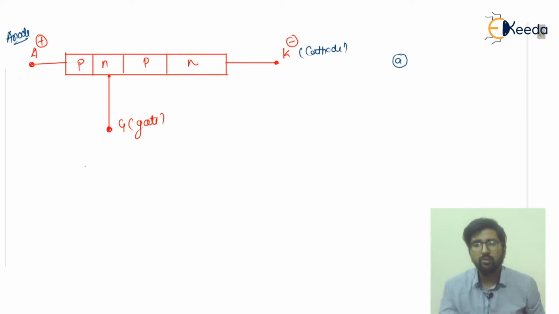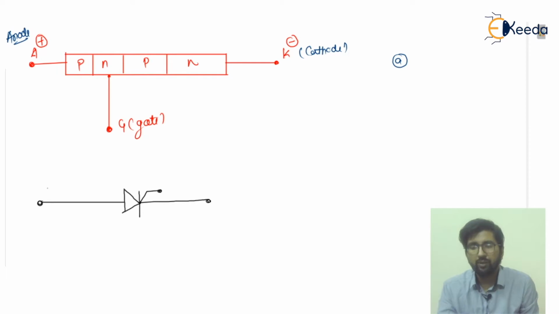If I talk about the representation, what type of representation is this? It is a kind of diode, but having a gate terminal. Again, this is the anode, this is the cathode, and this is the gate terminal.